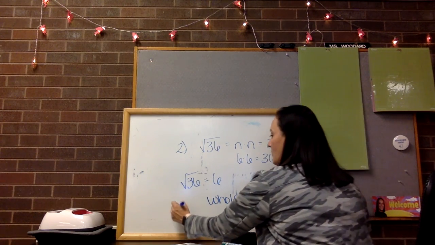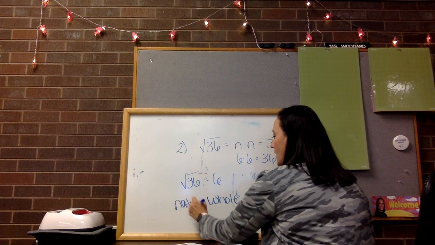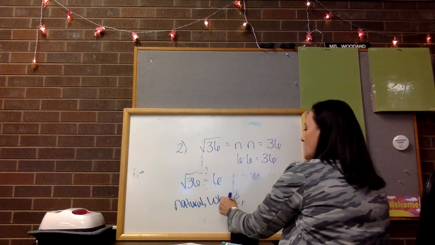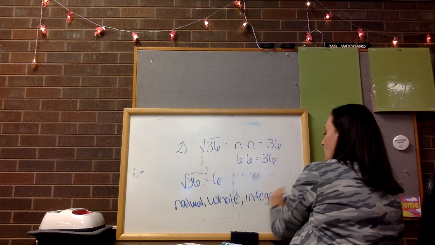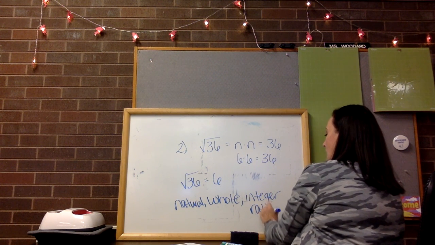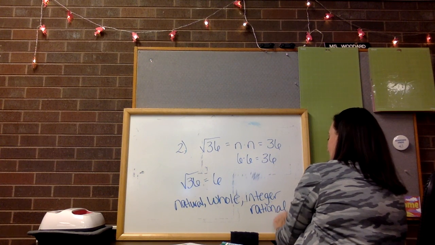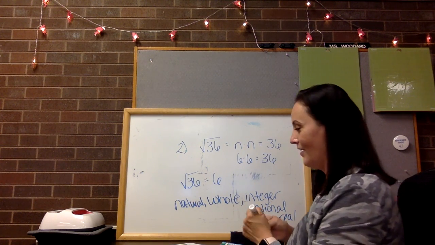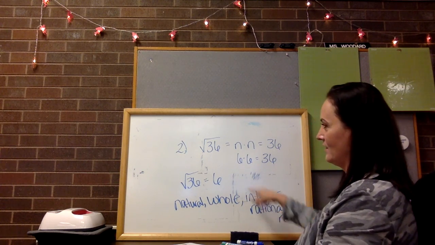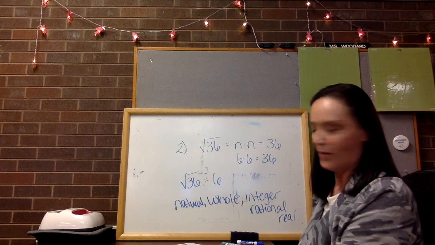So it's going to be natural. Sorry, naturals are counting numbers. Wholes add the 0 in. It's also an integer. It's also rational. And it also is part of the real list. This one falls into a lot of categories. This one meets all the ways we can classify that value, the square root of 36.